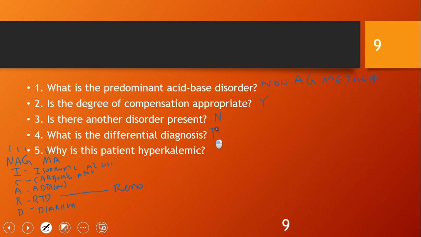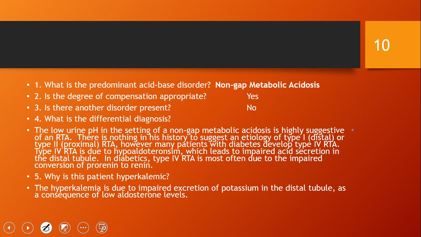So the differential diagnosis is renal tubular acidosis, probably type 4. And why is the patient hyperkalemic? Probably has something to do with the tubes in his kidney dumping out too much potassium, or holding on to potassium, but I'm not really sure. Let's see what they say.